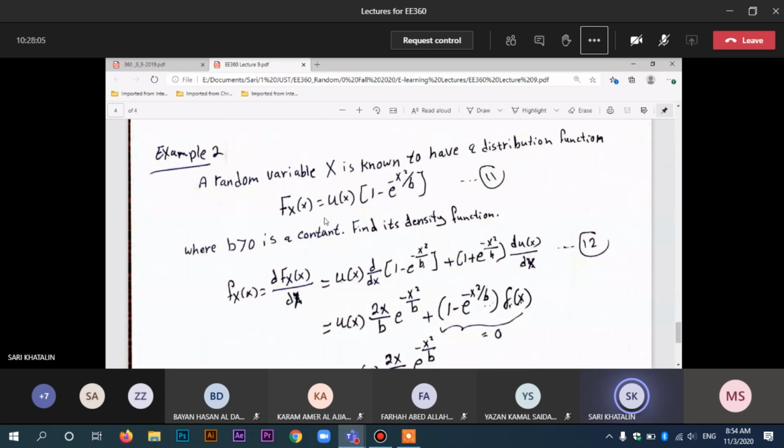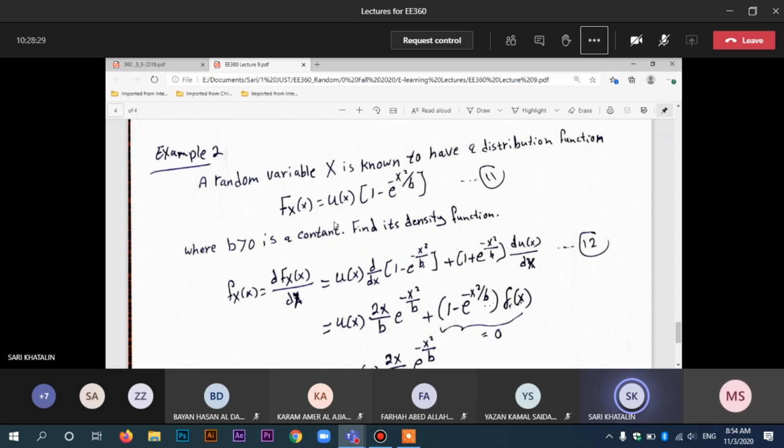Finally, we have this example. We have a random variable with a distribution, or CDF, given in equation 11 on the same page, where the distribution is 1 minus the exponential of minus x squared divided by b, times the unit step function of x.